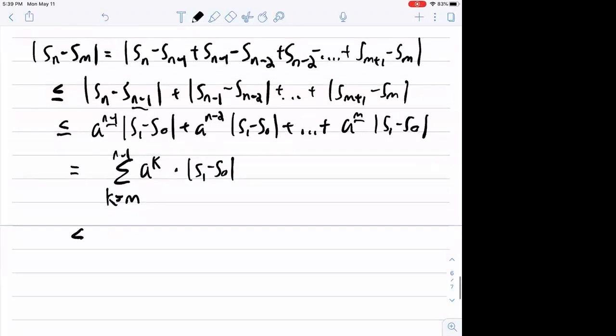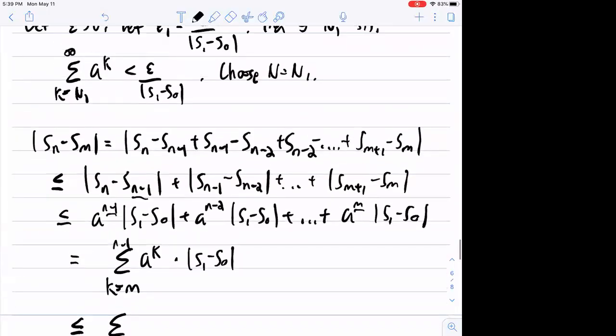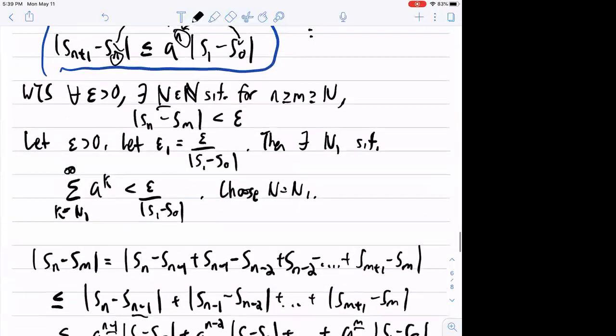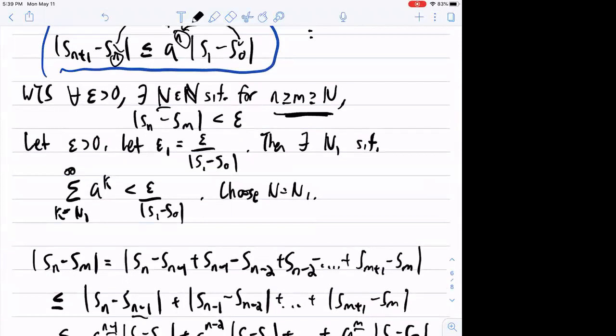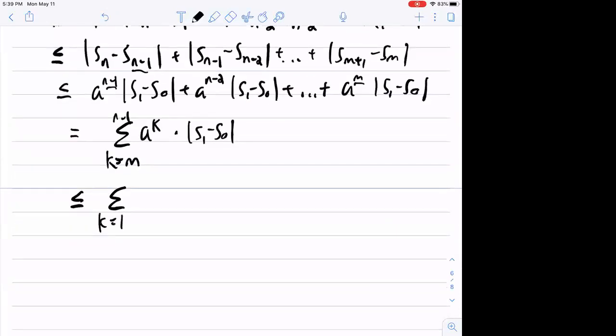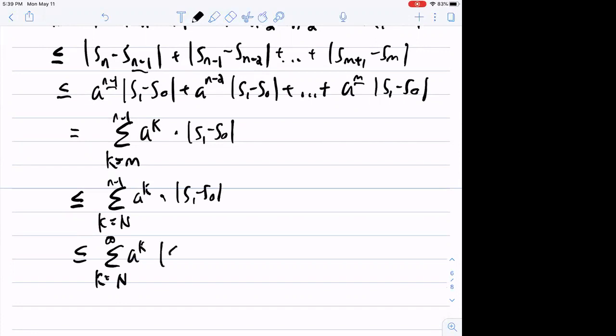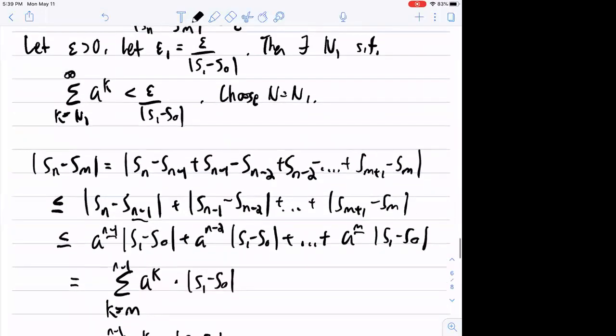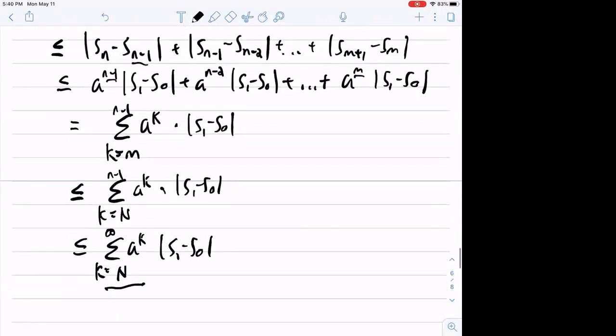But m is bigger than n, so this is certainly smaller than if I just started at capital N. And it's certainly smaller than if I add all the terms to infinity. But this guy was smaller than what? We chose it, so this was smaller than epsilon over S1 minus S0.